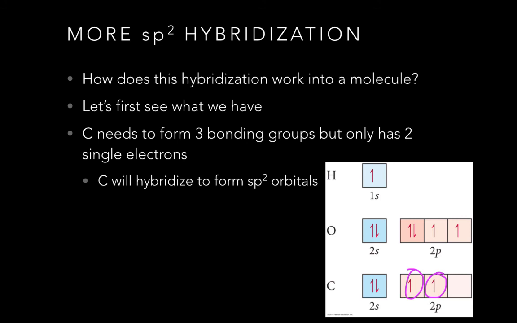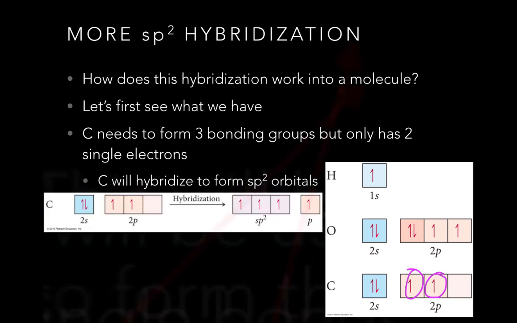Now, why sp2? Well, we need to form 3 bonding groups, so we need 3 hybrid orbitals. And what gives us 3 hybrid orbitals is an s orbital and 2 p's, and so that gives us 3. So when we hybridize those orbitals, we get something that looks like this.